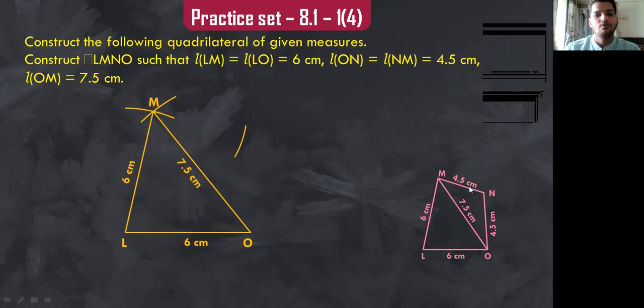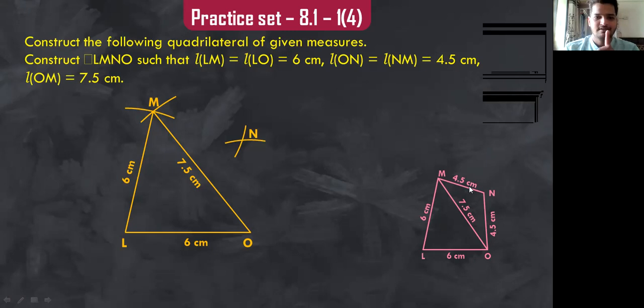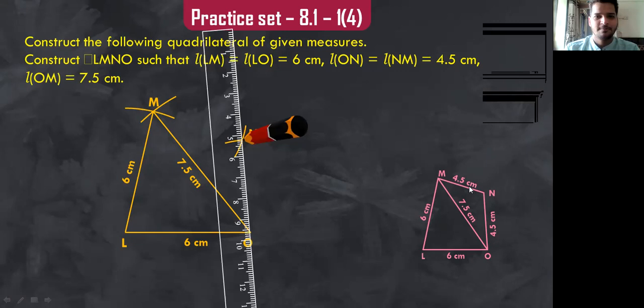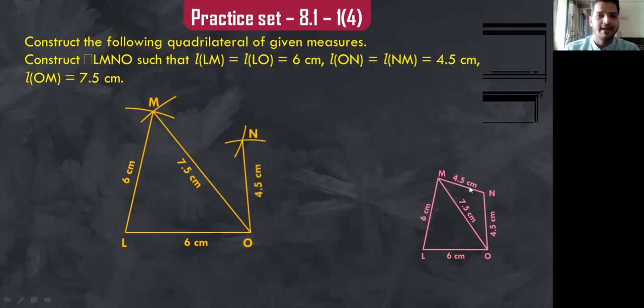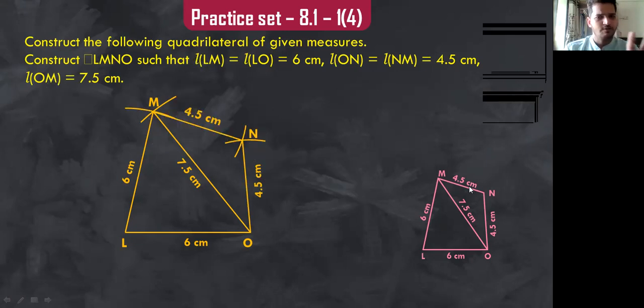Now we will mark out ON of 4.5 centimeters again. But this time the compass is on the point O. Wherever the arcs are intersecting, that intersection point will be your N. So on a simple note, join ON and join NM. Alright students, with this our construction of the quadrilateral LMNO is completed.